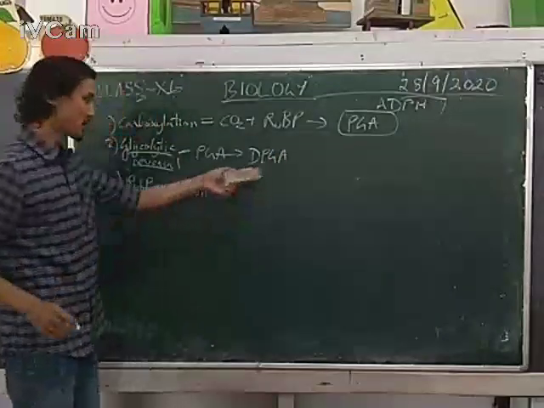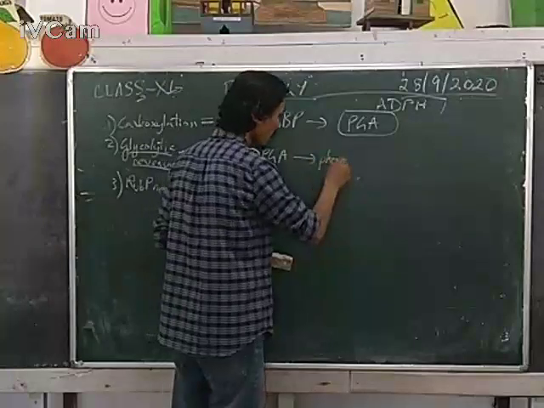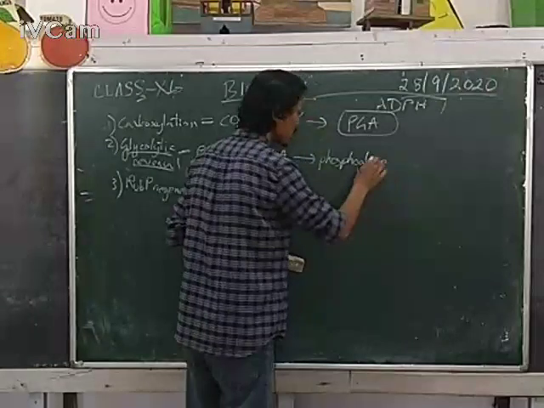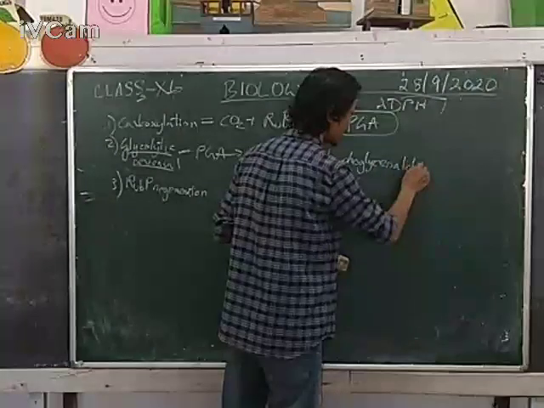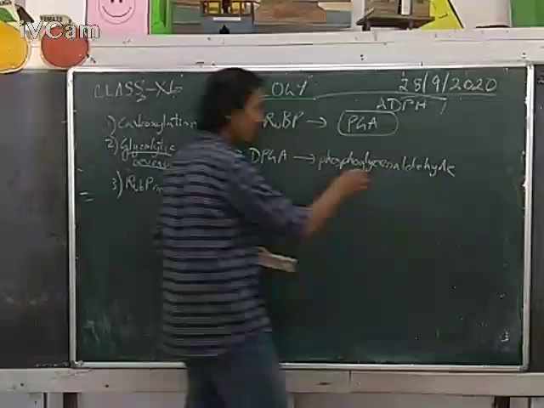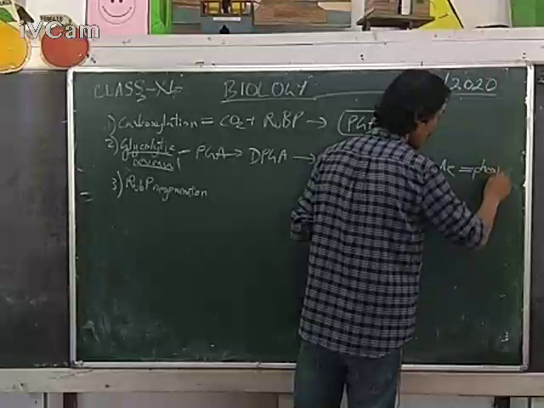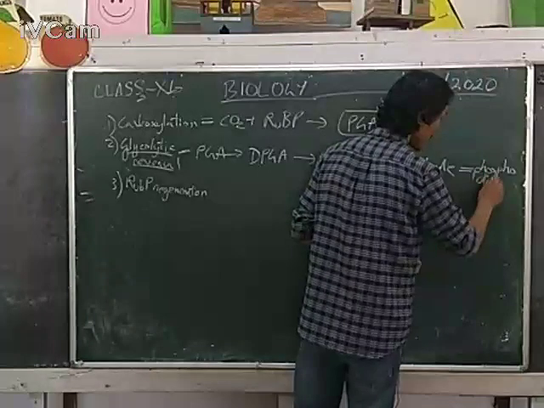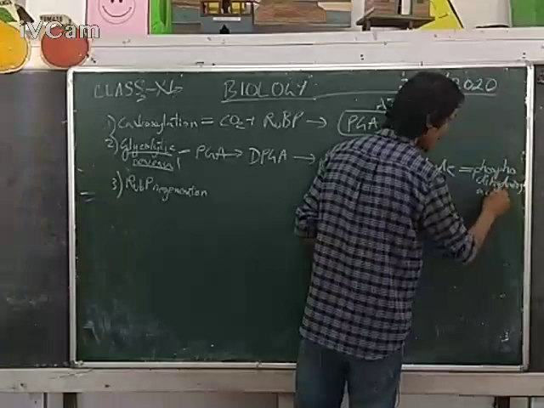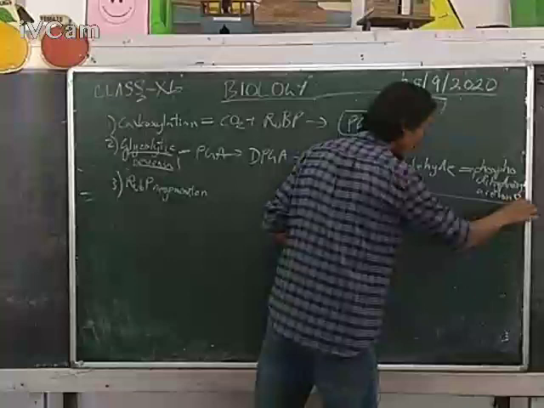This diphosphoglyceric acid is further converted into phosphoglyceraldehyde, which remains in equilibrium with its isomer, phosphodihydroxyacetone. So these two products are formed in glycolytic reversal.